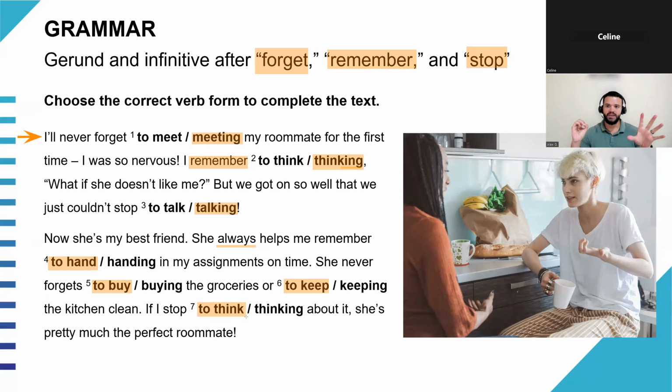Entonces, si yo pienso, si yo paro y pienso, ella es la perfecta compañera de casa. Ahora, si traducimos el thinking, va a cambiar el significado y dice, if I stop thinking, si yo dejo pensando, and it's just like, that doesn't sound right. Okay? So you have to make sure that you do the translation.